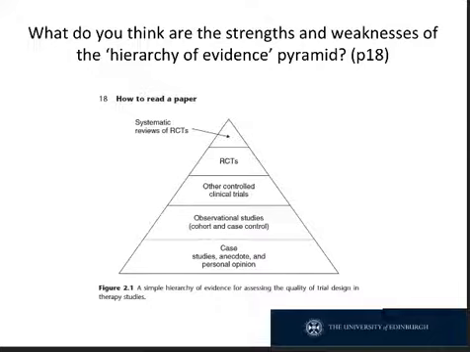And when I say critically, I mean to try and unpick some of the assumptions that are underlying comments or frameworks like this, the presentation of case reports, for example, being poor quality evidence, and systematic reviews being superior quality evidence.